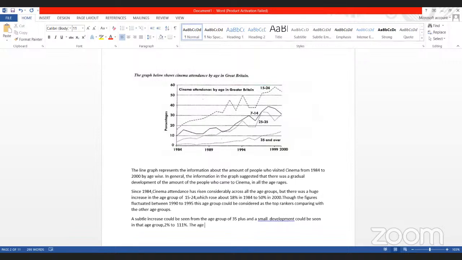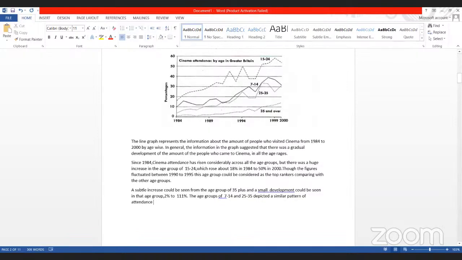The age groups of 7 to 14 and 25 to 35 depicted a similar pattern of attendance.